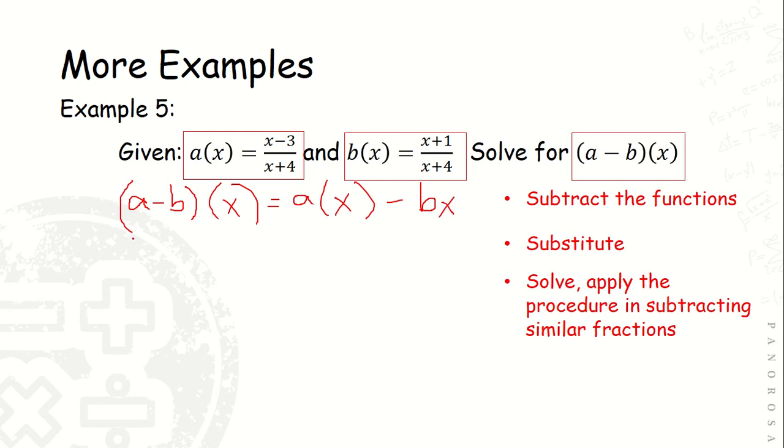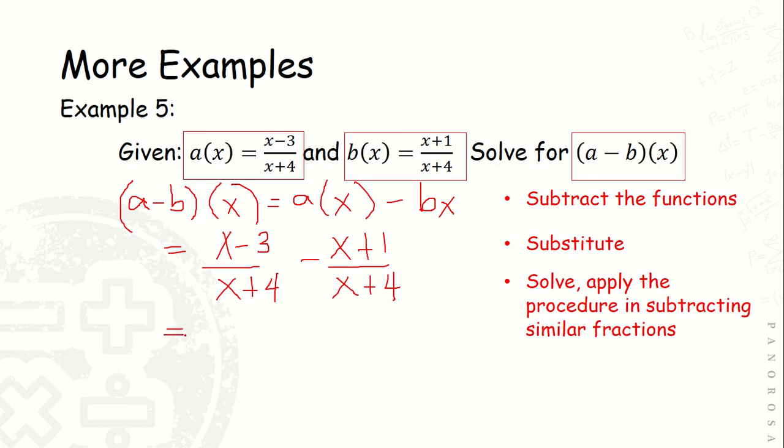In this example, instead of using letters f and g, the functions are represented by letters a and b. Equals a of x, which is x minus 3 over x plus 4, minus b of x, and that will be x plus 1 over x plus 4.